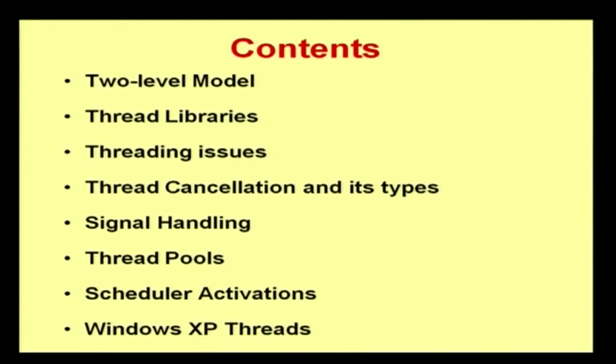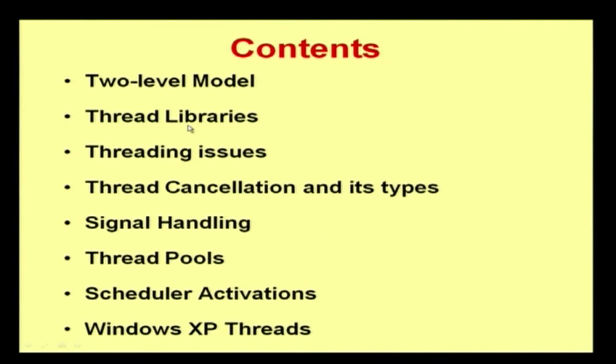So in today's lecture we will be continuing with the same. After seeing the one-to-one, many-to-one and many-to-many models, we will see today the two-level model. That is, we will see a comparison between the two-level model and the many-to-many model. What is the difference between a two-level model and a many-to-many model?